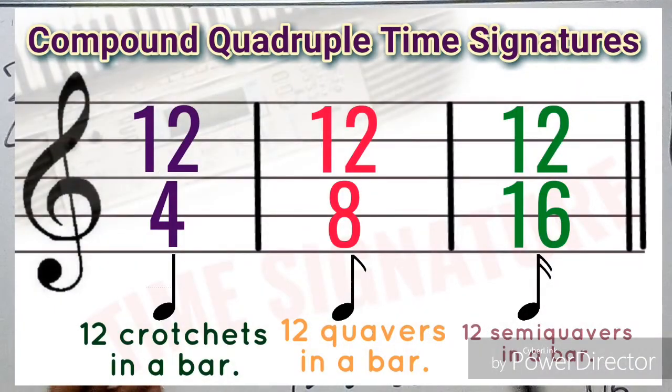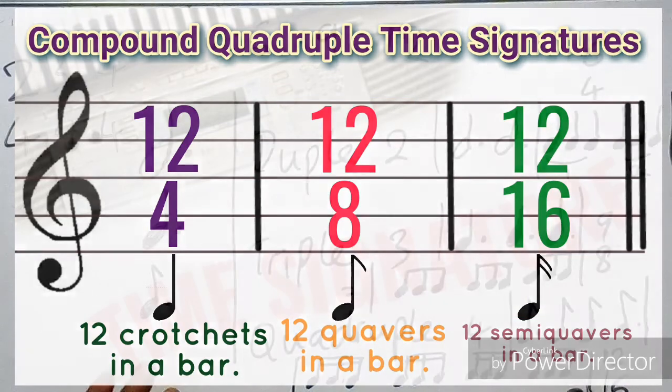And then finally, we have compound quadruple, and examples are 12/4, which stands for 12 crotchet beats in a bar. We have 12/8, which stands for 12 quaver beats in a bar. We have 12/16, which stands for 12 semiquaver beats in a bar.